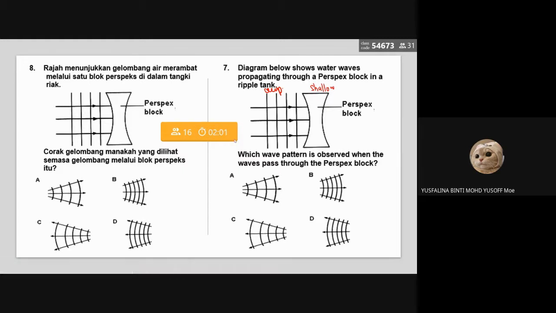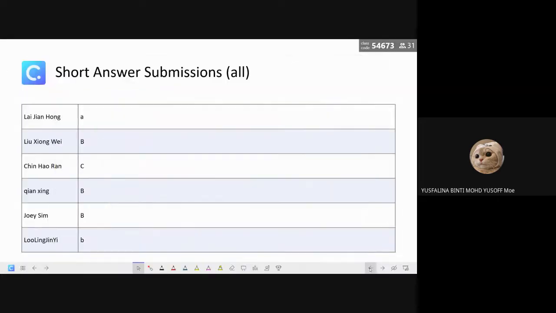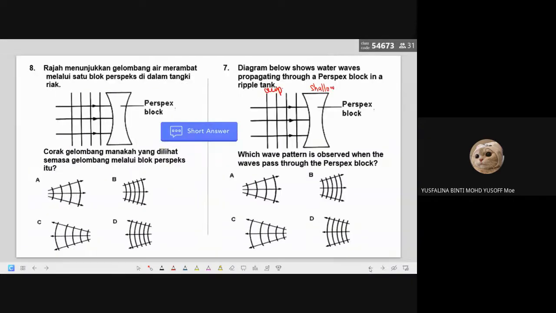All right, so some of you said A, some of you said B. For A, you can see the wavelength there. Is there any change of the wavelength if you compare from deep to shallow? I think for A, the wavelength is the same as the deep area, so there is no change of wavelength.